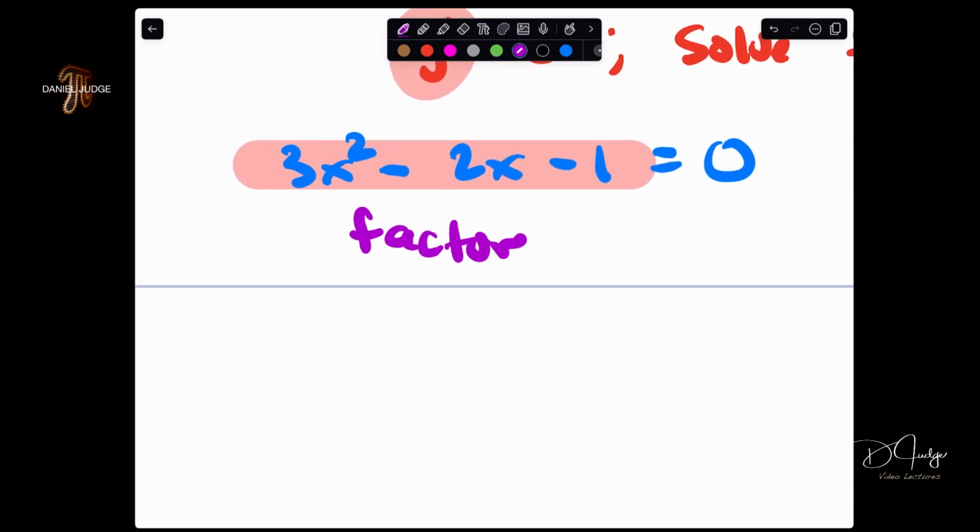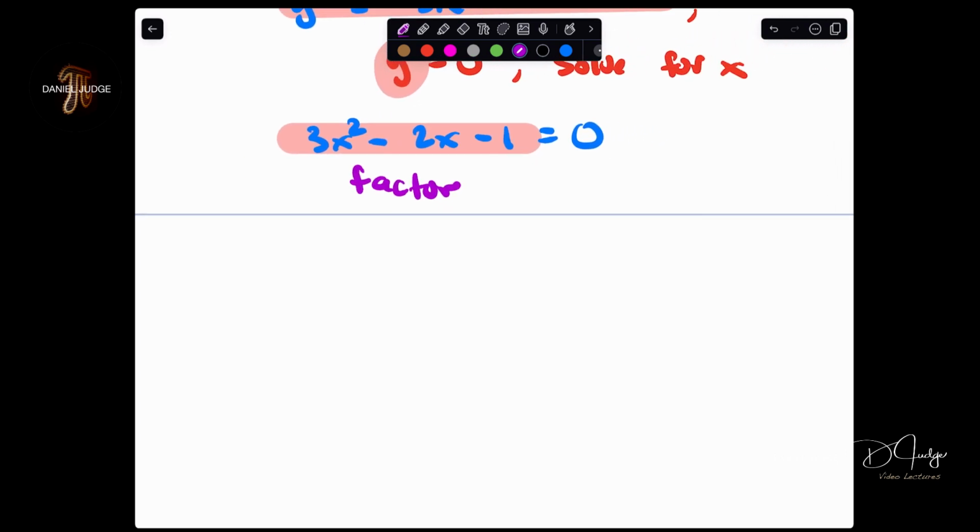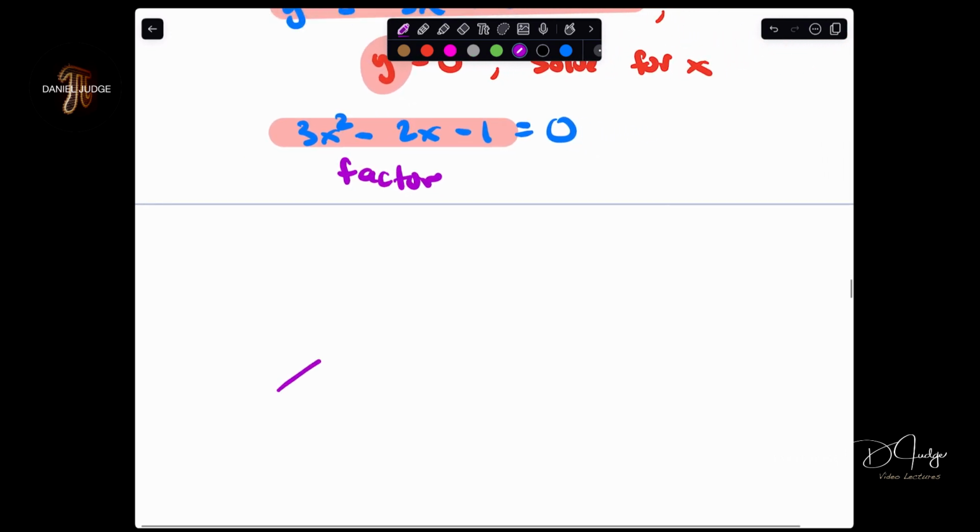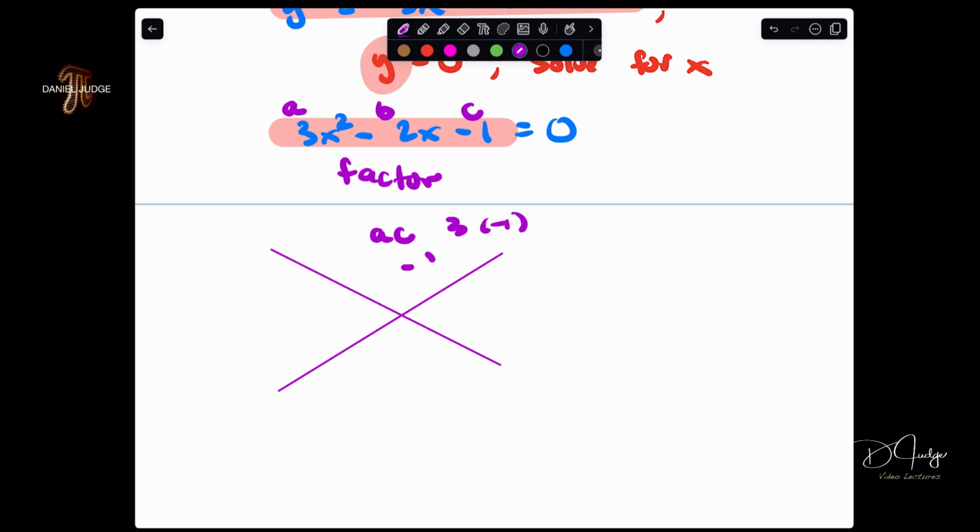Now, you get to use your favorite technique to factor. I'm going to use what's called the crisscross method. So we have an a value, a b value, and a c value. We need the product AC, which is 3 times negative 1, and that will give you negative 3. We're going to put that number here. B goes down here.